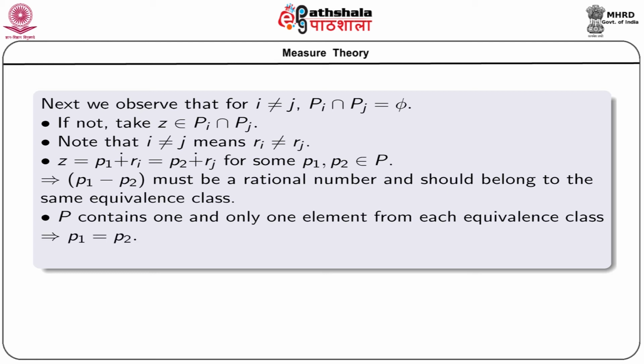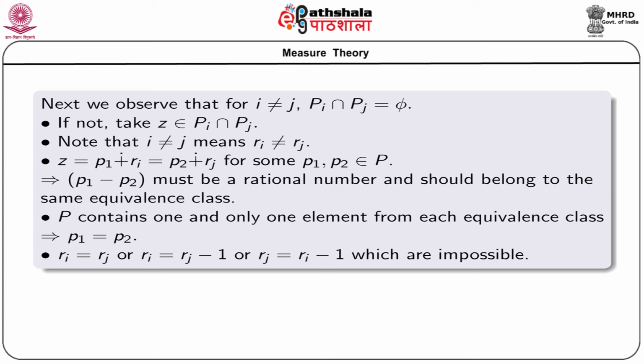So, the only thing possible is that p1 should be equal to p2. But if p1 is equal to p2, then from above we see that either ri will be equal to rj, which is not possible because we have already assumed that ri is not equal to rj.